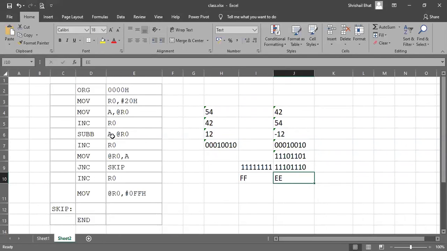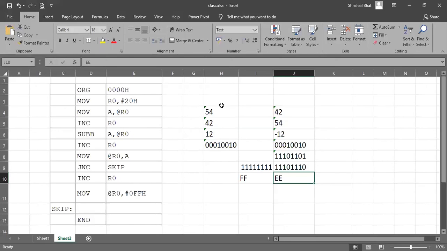So now the carry will occur whenever you are subtracting a larger number from a smaller number. If you subtract a larger number from a smaller number, there will be a carry, and whatever answer you get, the contents of A will be in 2's complement form. Suppose just assume that the answer was positive.